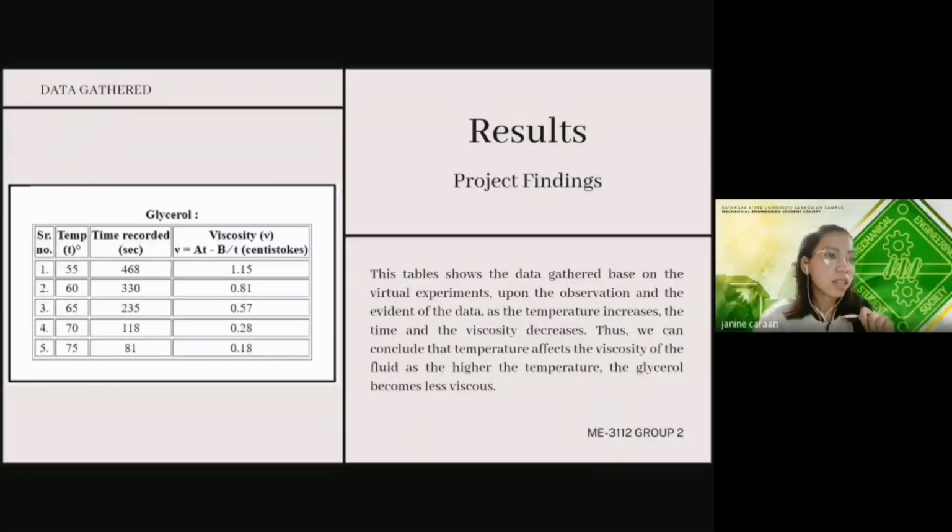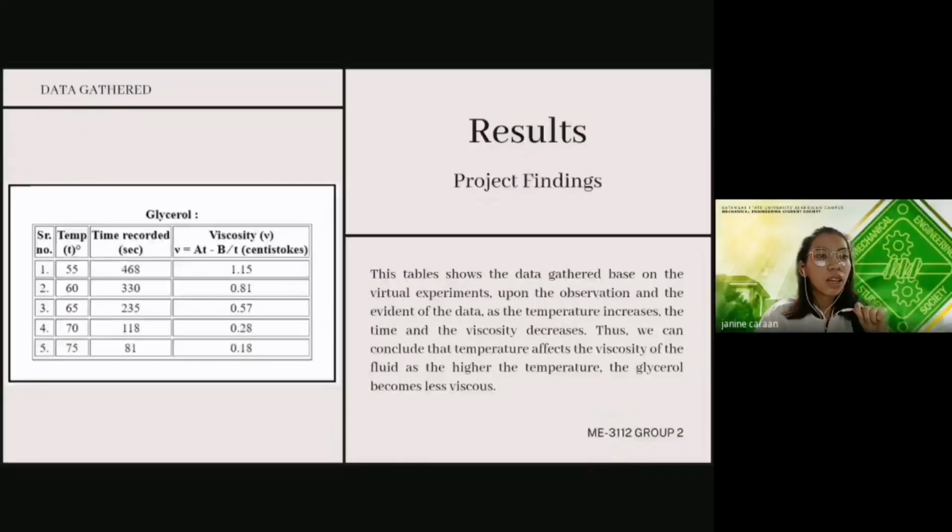At 65 degrees, we have 235 seconds and 0.57 centistokes. At 70 degrees, we have 118 seconds and 0.28 centistokes. And last, at 75 degrees, we have 81 seconds with a viscosity of 0.18 centistokes.